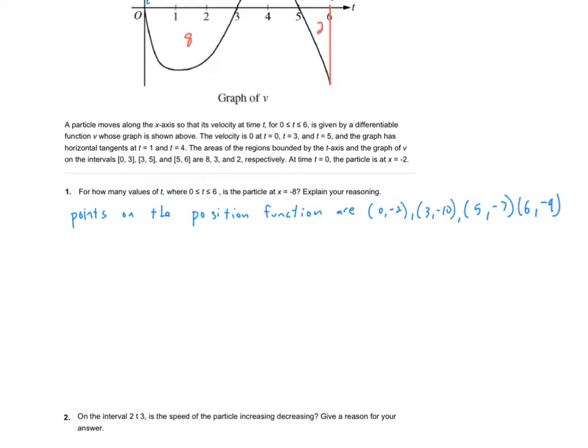Okay, and I don't know how much to explain. To explain fully, you talk about each interval. So on the interval from 0 to 3, we can say something like x equals negative 2 when t equals 0, and x equals negative 10 when t equals 3.